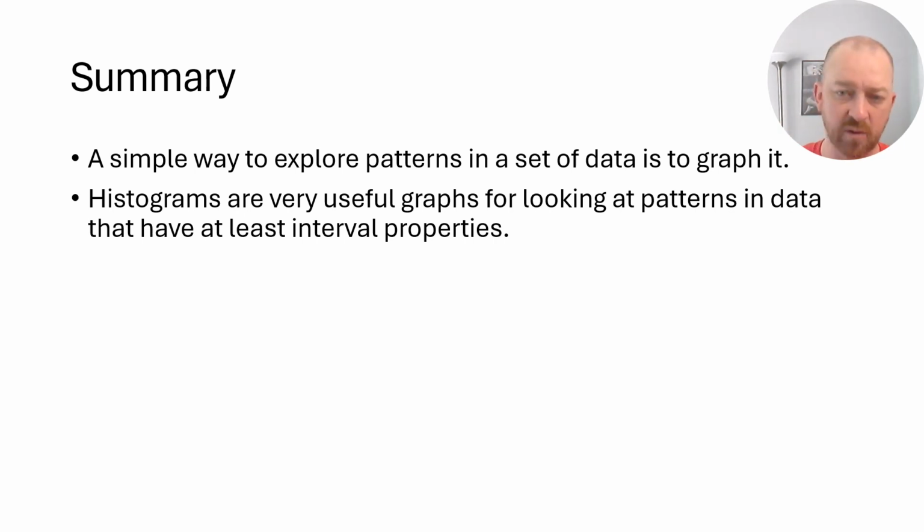If your data have categorical properties only, there's no need to have a histogram. It doesn't make any sense. A histogram really needs not only ordinal properties, but it really should have interval properties to it. If not, it's really not appropriate probably for the data set. So a histogram is appropriate for data that have interval properties or also ratio properties, which of course would also have interval properties if you saw the most recent lectures.